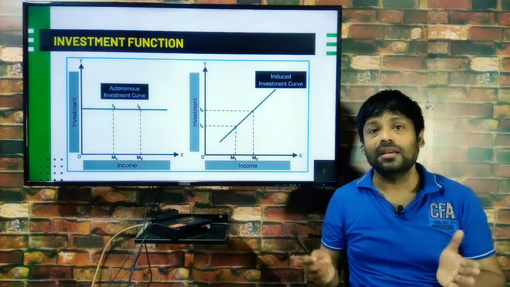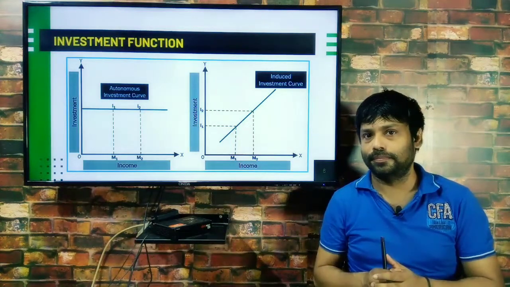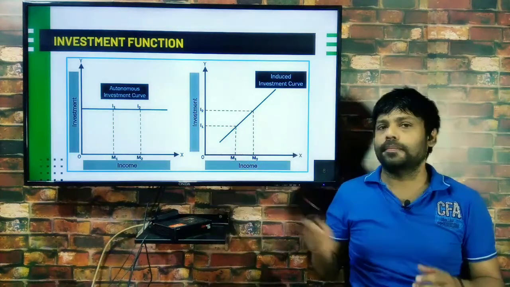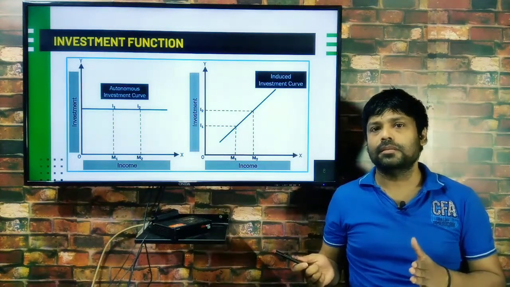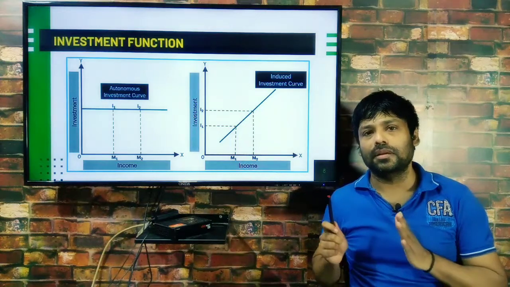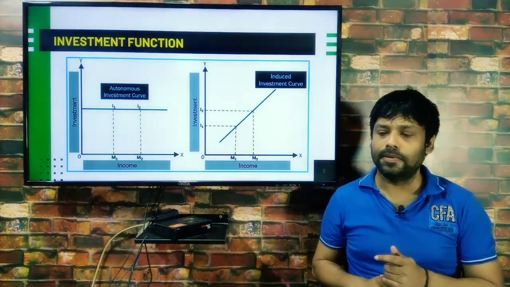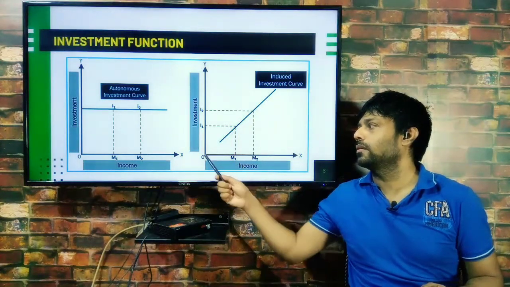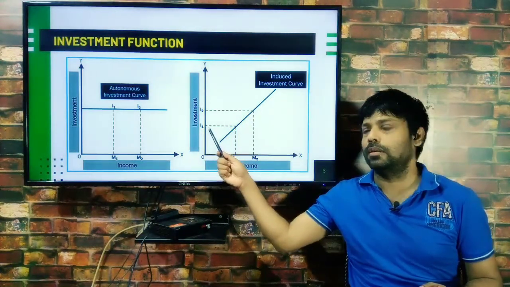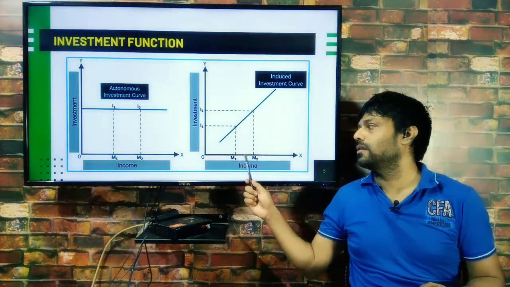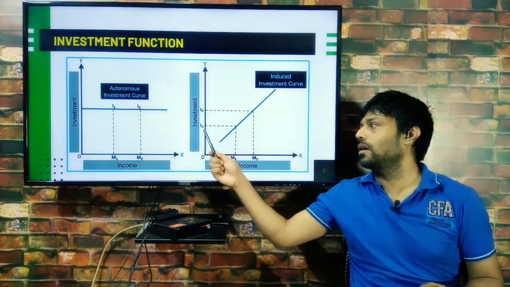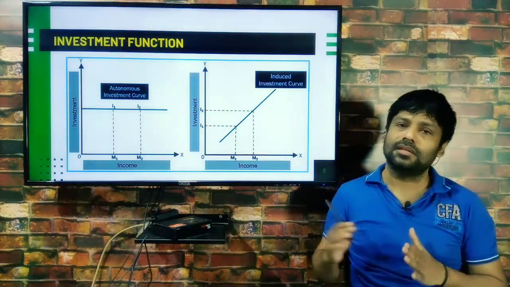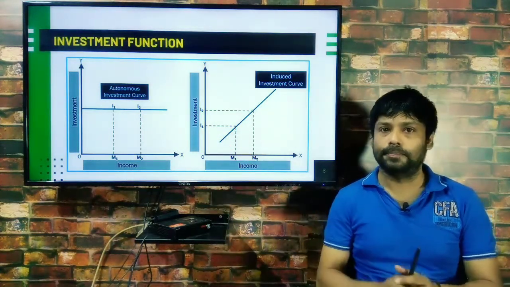This shows that investment has not changed. On the right hand side, the curve is going upward. That means it is income elastic. For example, initially when the income level is OM1, the investment level is OI1. When the income increases to OM2, the investment increases to I2. That means it is responding to the income.